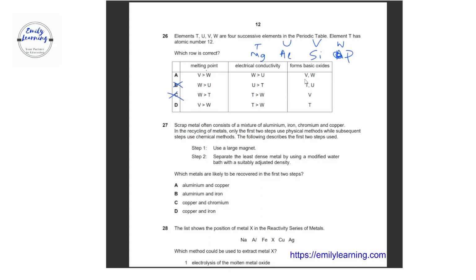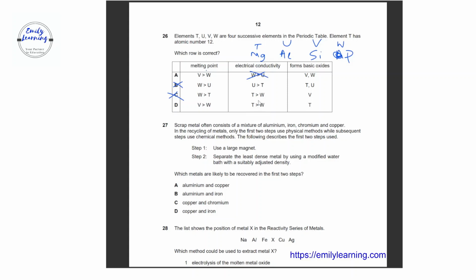Magnesium is a metal. Next, V has a higher melting point than W. This is correct. We talked about it already. Now let's take a look at A. Electrical conductivity of W is greater than that of U. This is definitely wrong. U is aluminium, a metal. It has a higher electrical conductivity. In fact, it is a good conductor of electricity. And phosphorus is a poor conductor of electricity. So this is wrong because W has a lower electrical conductivity compared to aluminium.